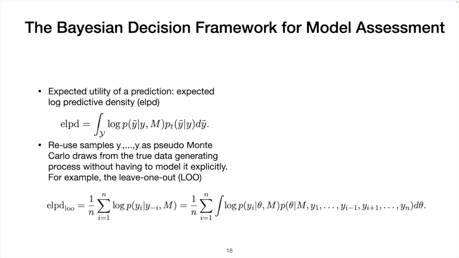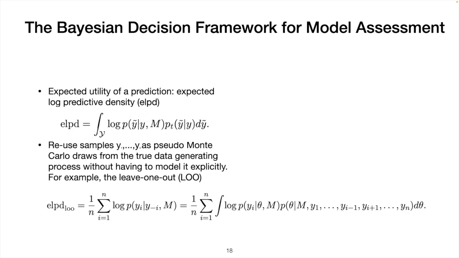So we can talk about the expected utility of a prediction. That is the expected log predicted density. Again, p_t(y~ | y) is the true data generating process of the future data given the observed data. It comes from nature, we don't know it, but we know that the data itself is a probability, right?